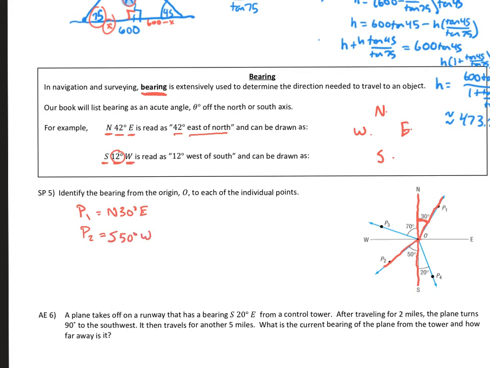That would be 50 degrees. Point 3, similarly, could be written as we go to the north, so 70 degrees west of north, followed by point 4, which is to the south, and then how many degrees? 20 degrees east. And I do believe that we can write this in many different ways, but we're going to stick with this notation, especially as we're doing our virtual learning.